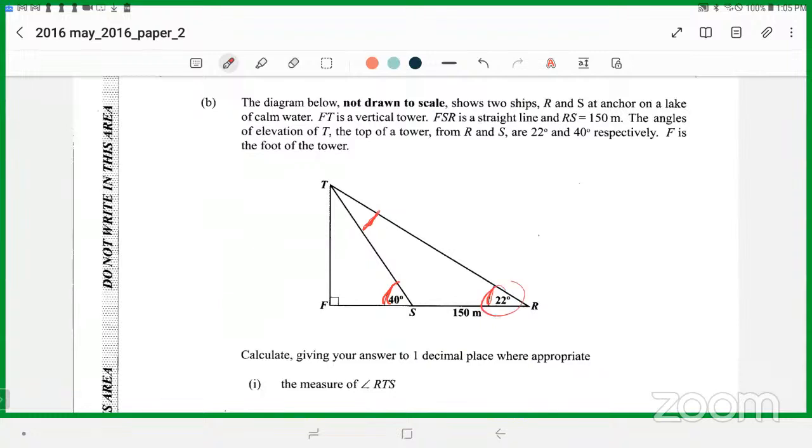So this is 22, and this one is 40 minus 22. The more things you know, the better. 40 minus 22. All right? We like to give this particular situation a lot of questions. All right, so that is 18.